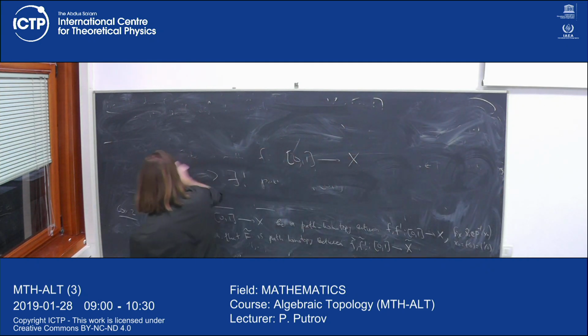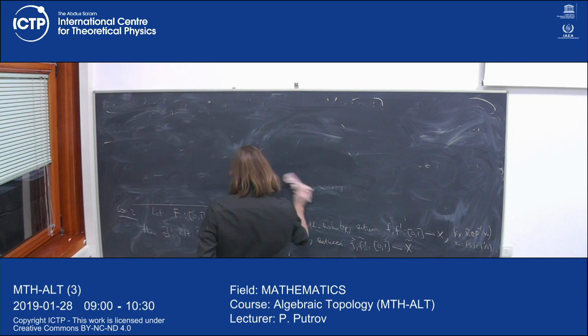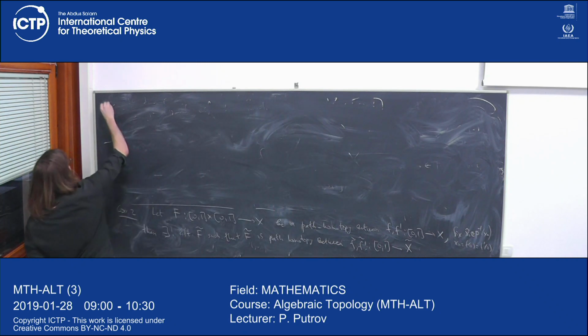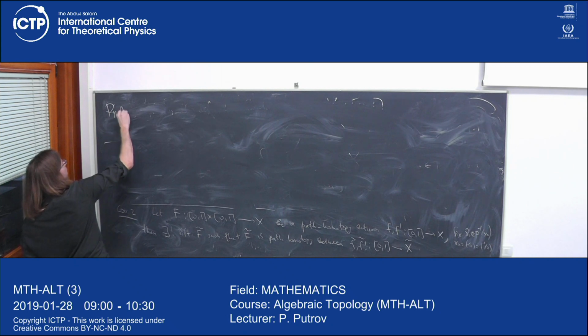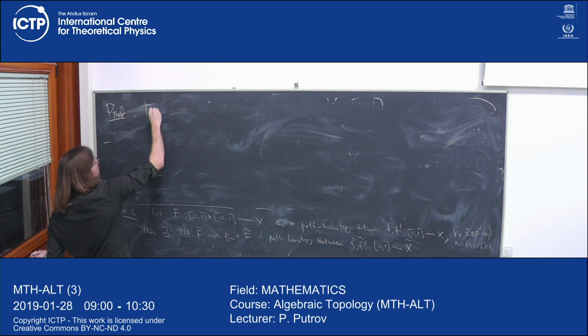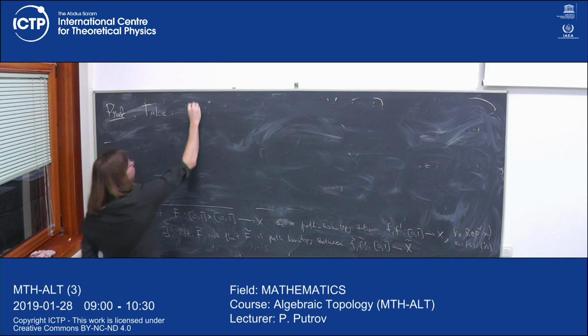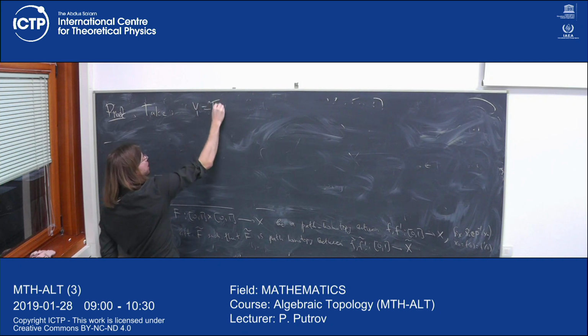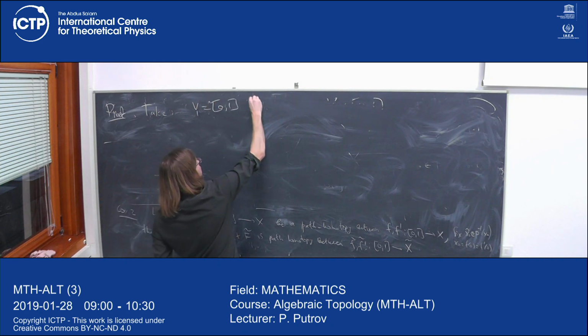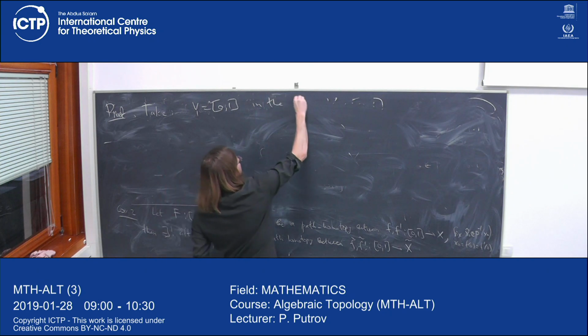So this also easily follows from the proposition. So we want to take y to be [0,1] in the proposition.